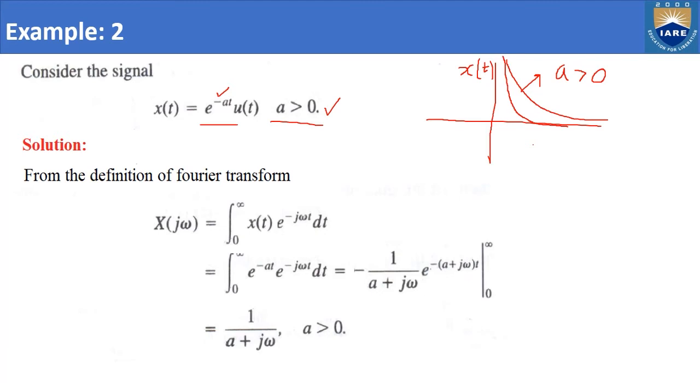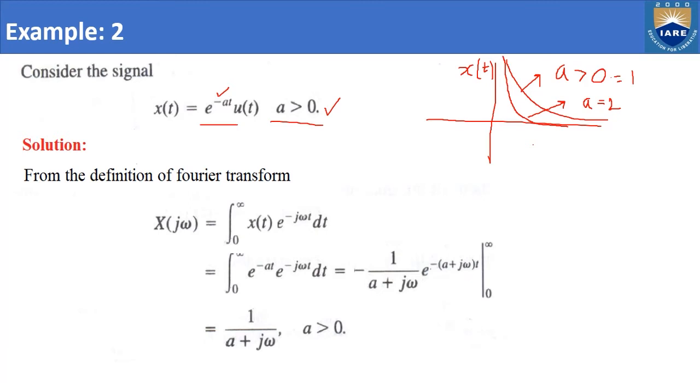Let us say a equal to 1 in this case. In the second signal, if I take a equal to 2, it decays very fast. So the decay rate is fast. As the a value increases, the decay becomes very fast.